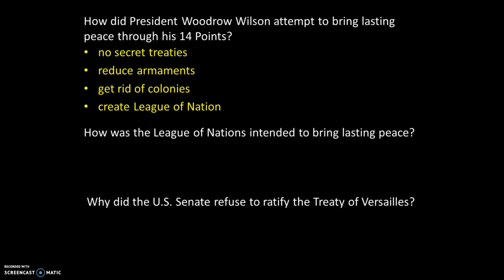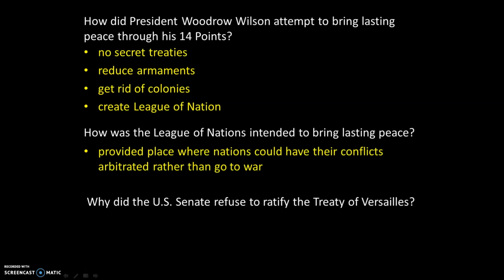Those first 3 were trying to address some of the things that led to the war: alliances, militarism, imperialism. The last one was to create a way to bring lasting peace, which is the next question there. How would we do this? Well, they wanted to provide a place where nations could have their conflicts arbitrated rather than go to war. So it would provide a place to kind of talk it out before you get into a fight, essentially.